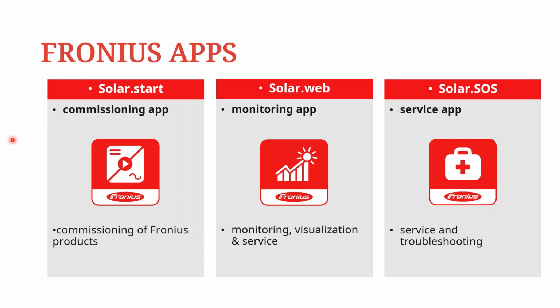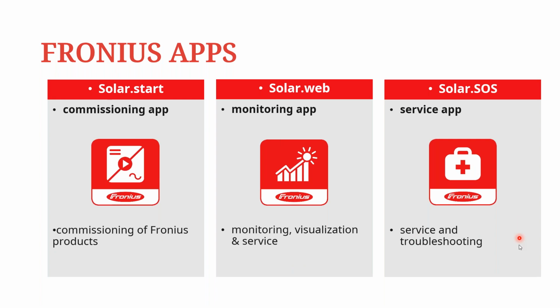So getting into the Fronius apps, we have 3 main apps that a lot of installers are familiar with. So we have the Solar.Start, which is the commissioning app that is used for all Fronius products. Then you have SolarWeb. This is the monitoring app. So this allows for monitoring and visualization of the various system data, as well as remote service.